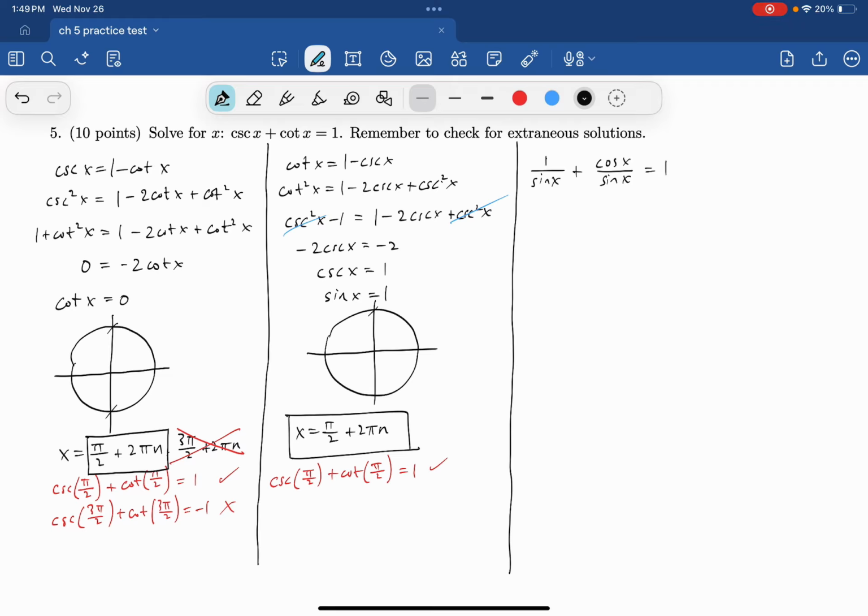Now multiplying both sides by sine, that leaves us with 1 plus cosine x equals sine x. All right, that's technically a bad step because it introduces some extraneous solutions, but we're going to ignore that for now.